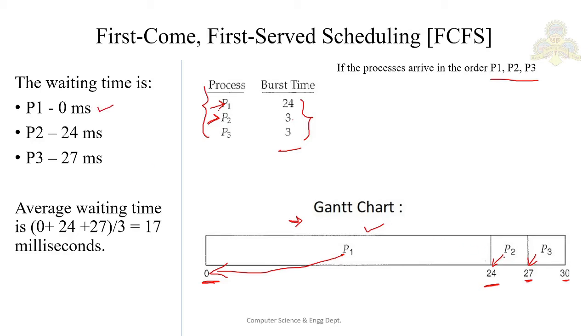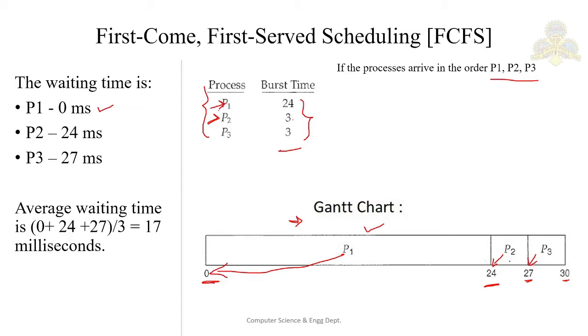Then how much has your process P2 waited? Your P2 has waited for 24 milliseconds to get the CPU. Why? Because till 24 your P1 was executing and only after that your P2 got the CPU, right?